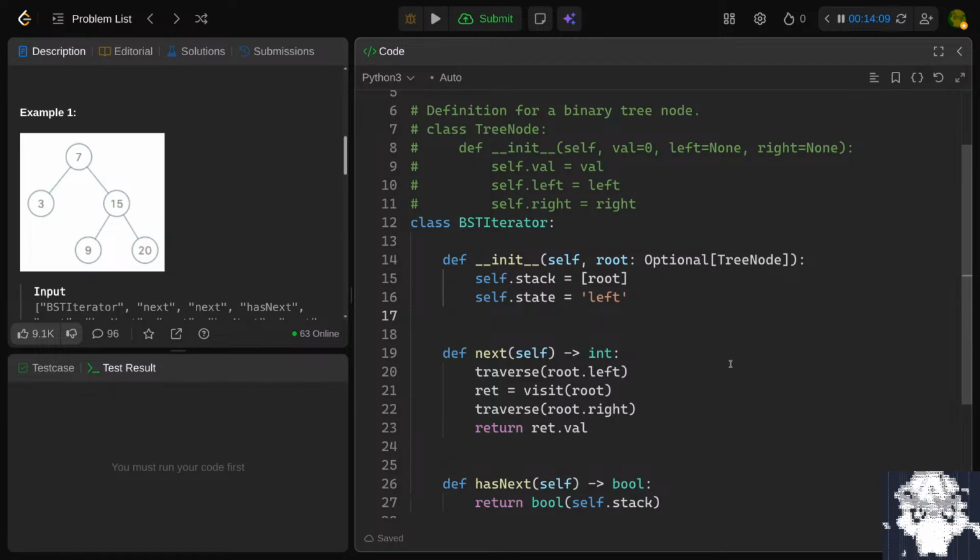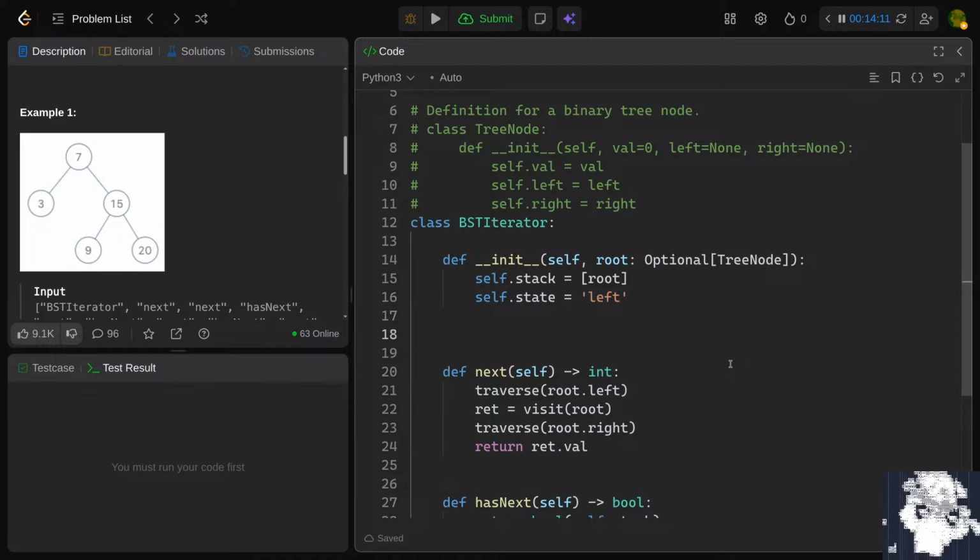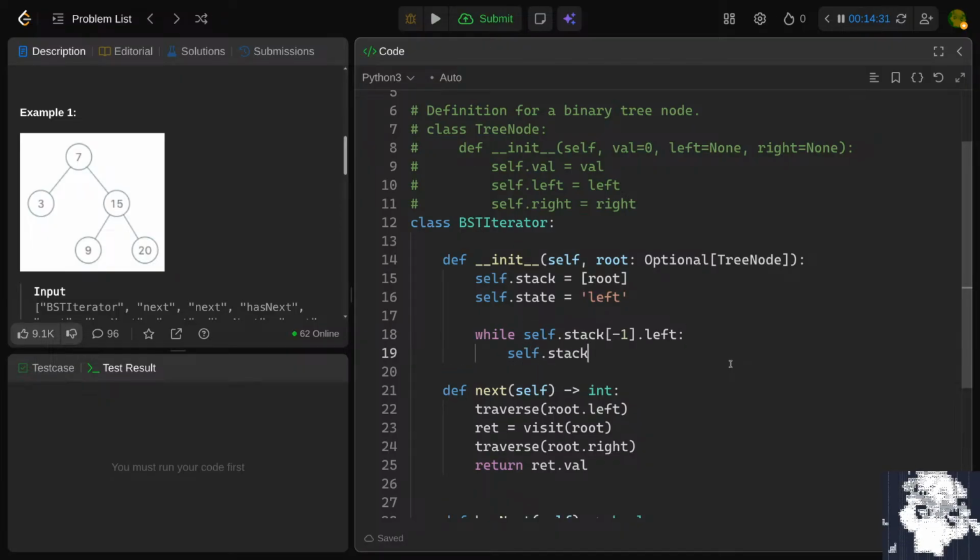So when you initialize, that would mean you have to do while self.stack of -1 dot left, self.stack.append.